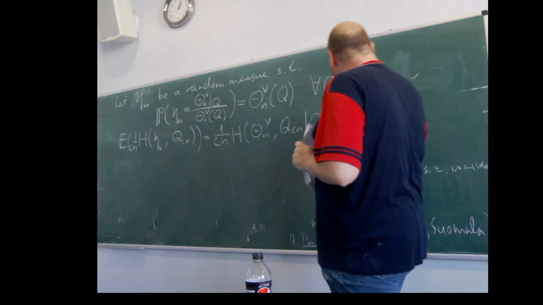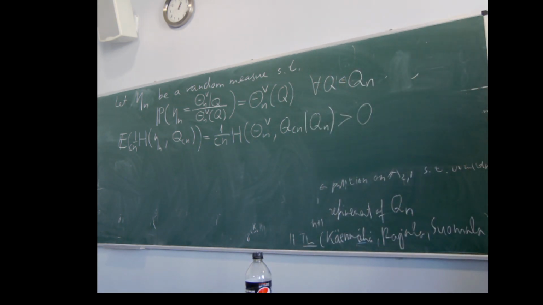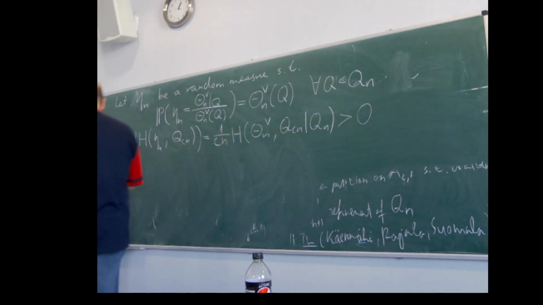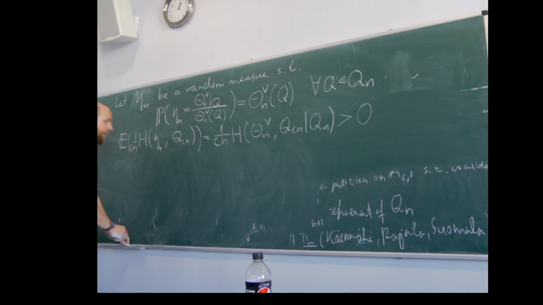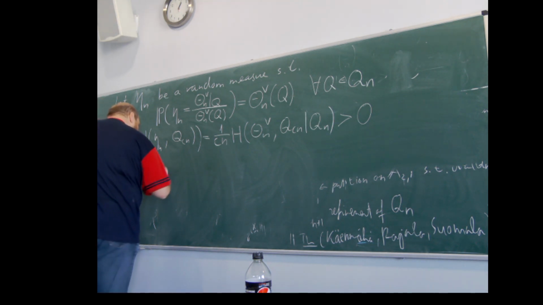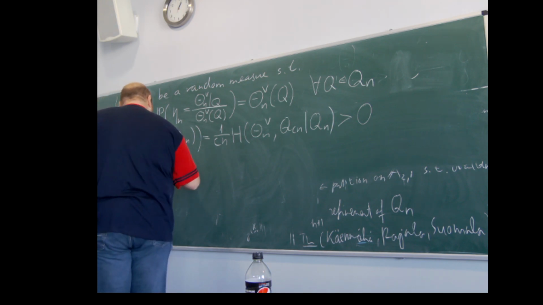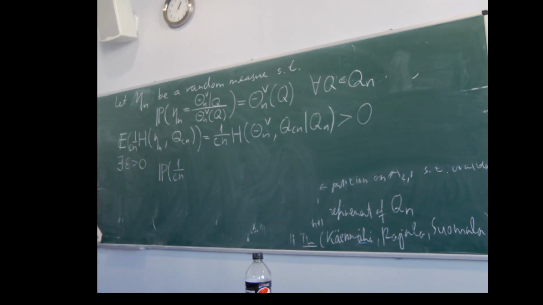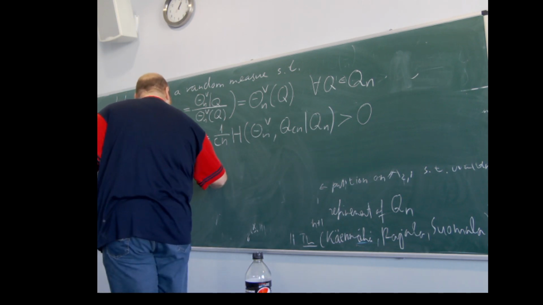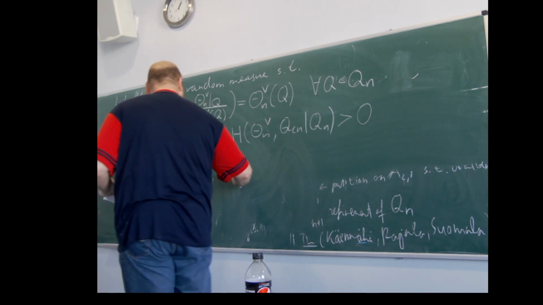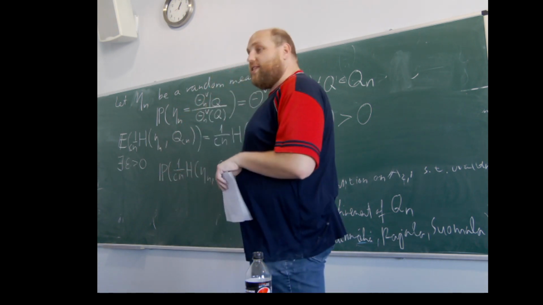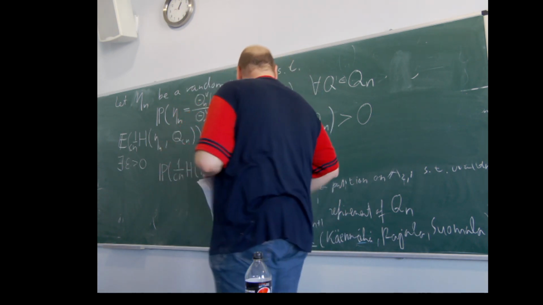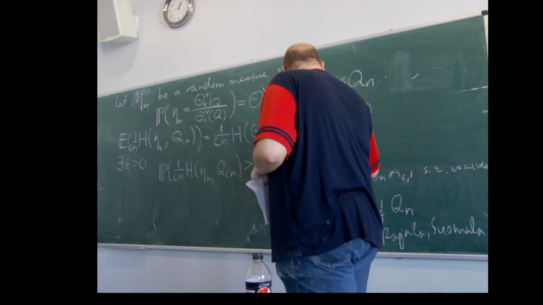And we know that this expected value is positive. That's all we know. But what does this mean? Well, it means at least that there exists some epsilon positive, such that the probability that the entropy of this random measure is greater than some epsilon, for n sufficiently large.